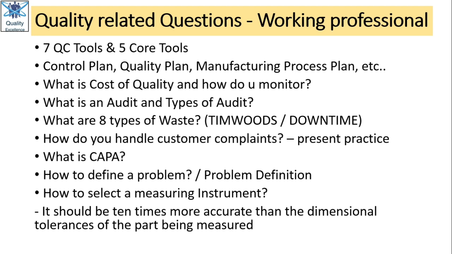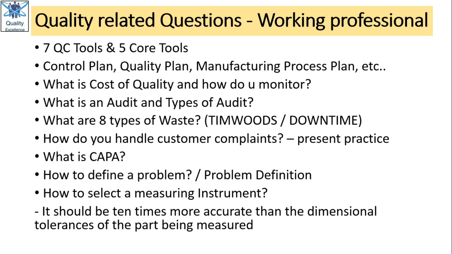The 8 types of waste, in short, you can remember by Tim Woods or downtime. What is that? Tim Woods means transportation, inventory, motion, waiting, overproduction, overprocessing, defects, and skills which are unused or underutilized.